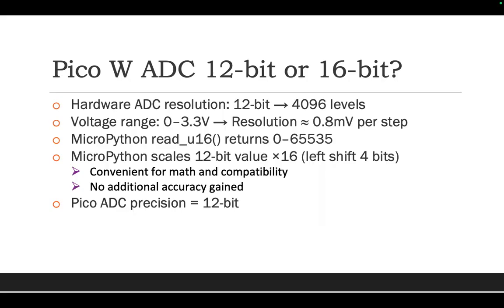When you do some labs, you will find 16-bit is convenient for you, but the accuracy is just 12-bit. Just remember that, for the onboard Pico. I just want to clarify, and thank you to Xander for pointing this out.